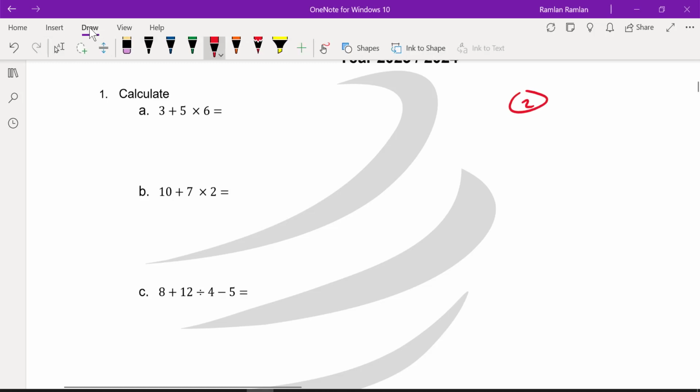Okay, so the maximum point that you can get is 2 points. But for example, you just write down the final answer over here without writing down the process, I will only give you 1 point. But if you write down the process and then you get the final answer correctly, then you will get the 2 points.